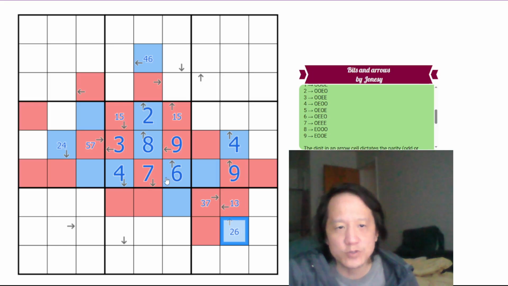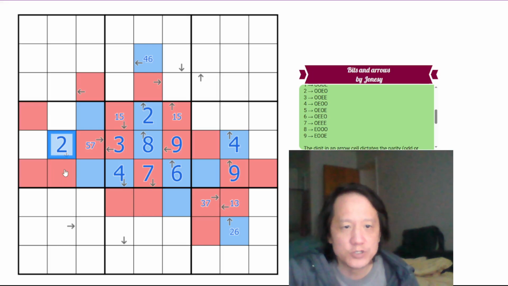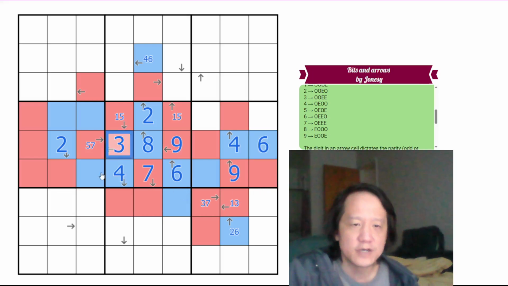So this is 4, which means this can't be 4. 4 eliminates 4 here. So this is 2, which is odd, odd, even, odd. 4 is odd, even, odd, odd. So this is the last even digit, so this is 6. This is odd, even, even, even. So that's 7.